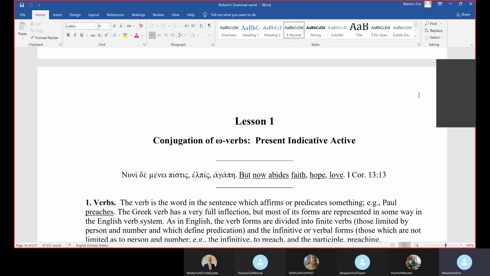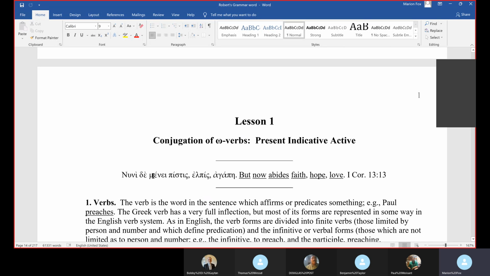And so it'll never begin a sentence. It'll be the second, third, fourth, fifth, even the sixth word in the sentence. It'll be way down here. But it never begins a sentence. So the sentence begins here, and this word but goes before it. It's a conjunction. So it's a nunate day, now but we translate it but now.